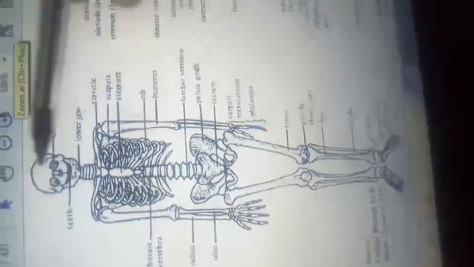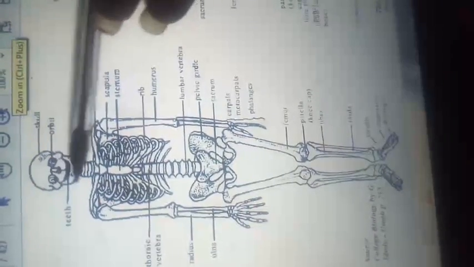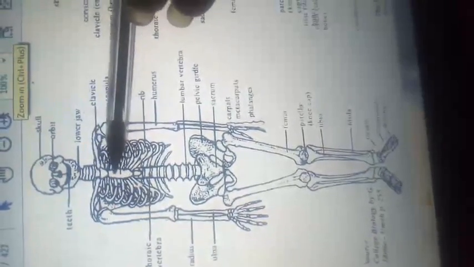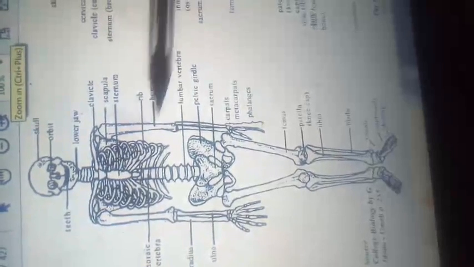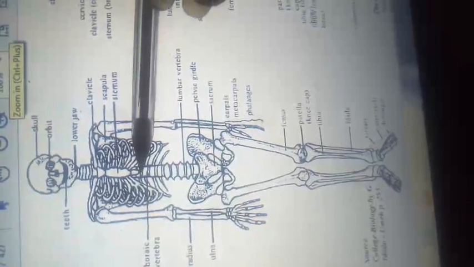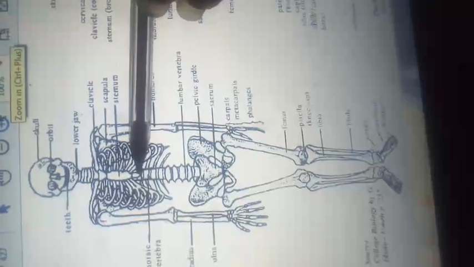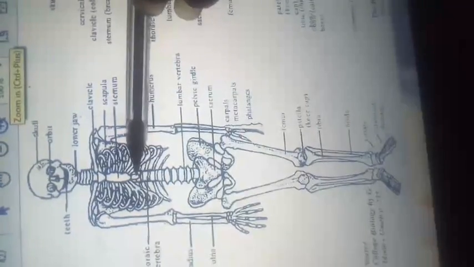Running from here downwards, this is your sternum. This is the xiphoid, as you go further in the sternum.